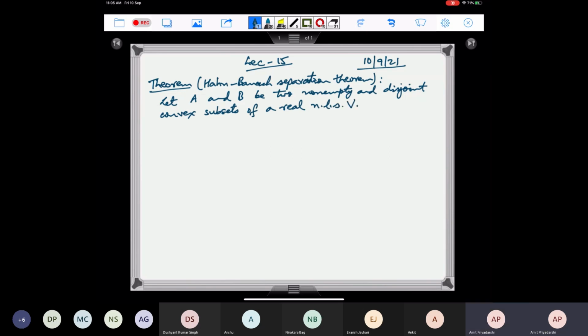Let's call it V. And we assume that one of them is open. So then the claim is that there exists a closed hyperplane which separates A and B.